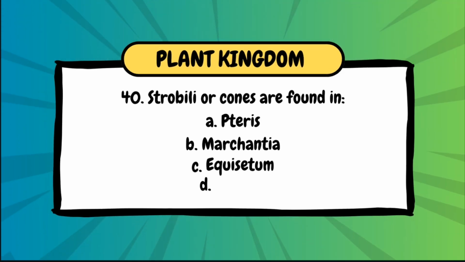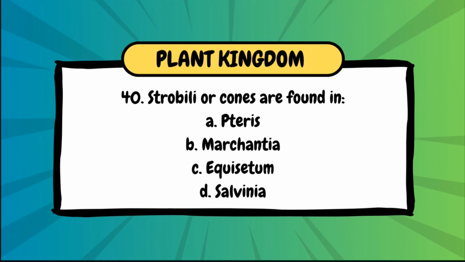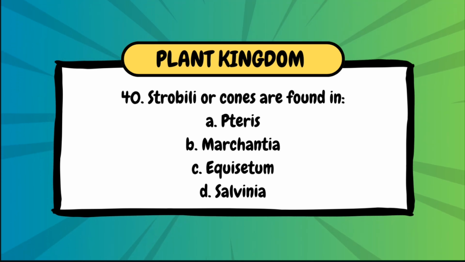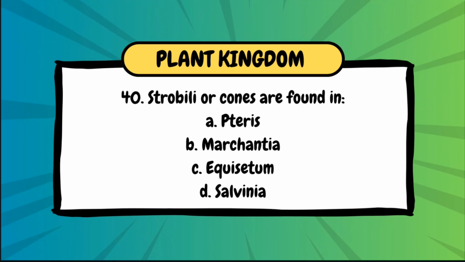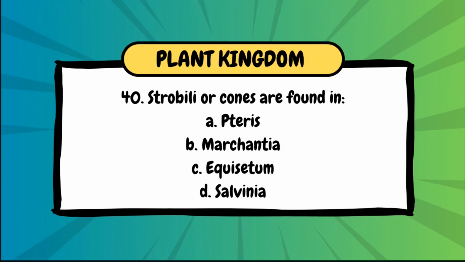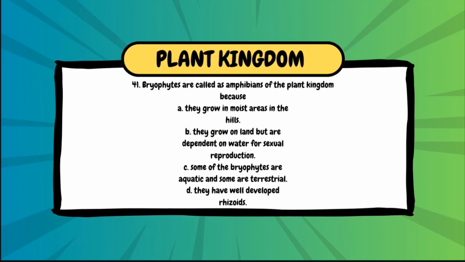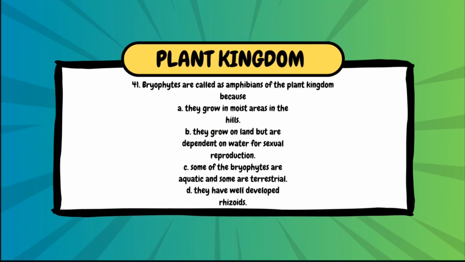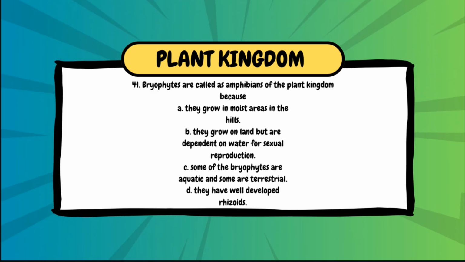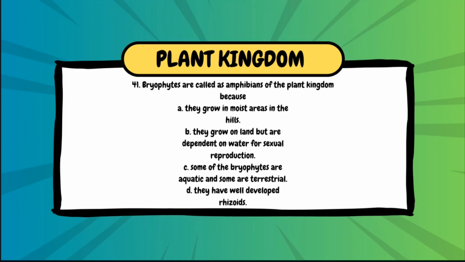40. Strobili or cones are found in A. Pteris. B. Marchantia. C. Equisetum. D. Salvinia. 41. Bryophytes are called amphibians of the plant kingdom because A. They grow in moist areas in the hills.